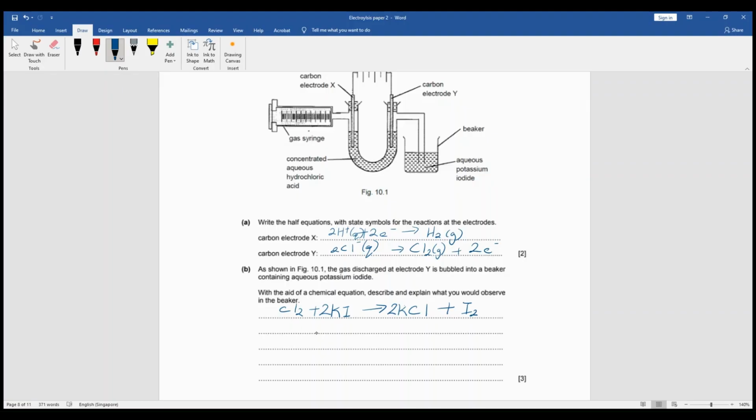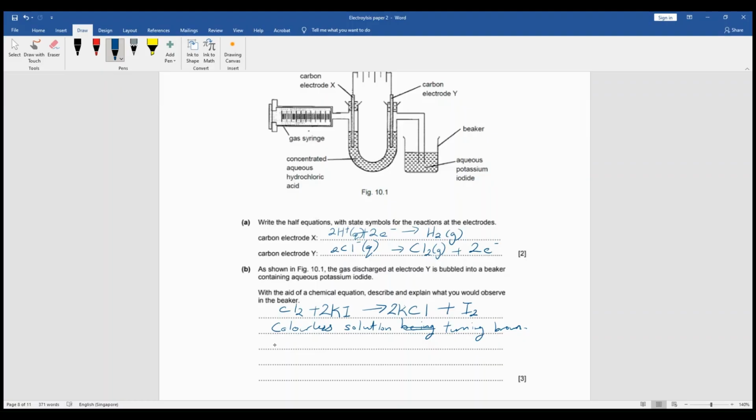Okay, we're done. If you write state symbols, you go here, but I don't think there's a need to. Describe and explain. Let's describe what we see first. We see the colorless solution turning brown, which is your iodine.